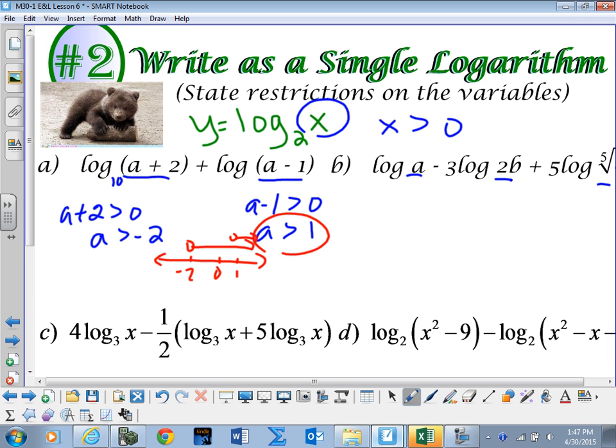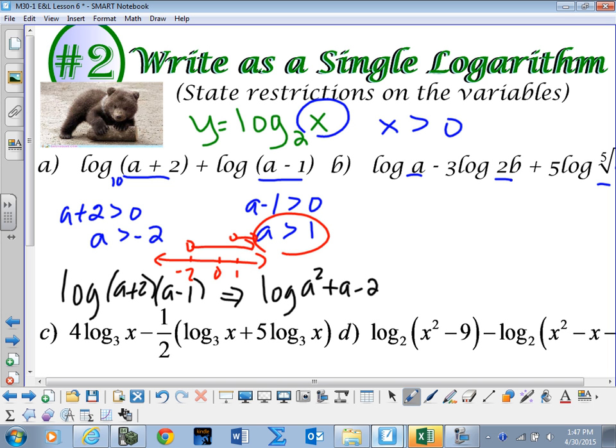It says write as a single log. So putting this together as a single log, I'm going to change colors here. Log, because it's addition, I'm going to multiply. A plus 2 and a minus 1. Plus 2a minus 1a is plus a minus 2.